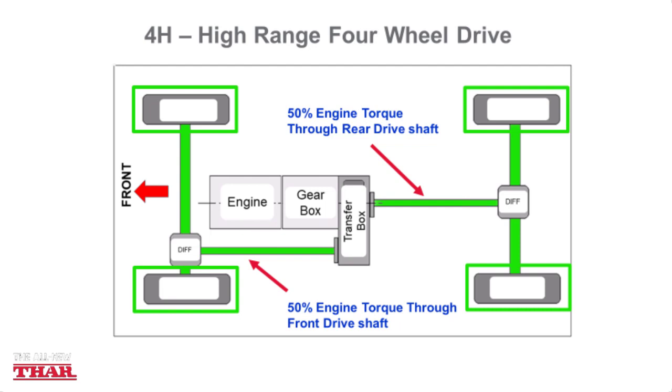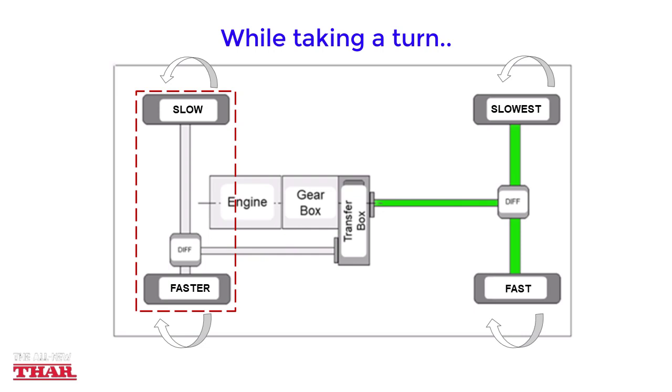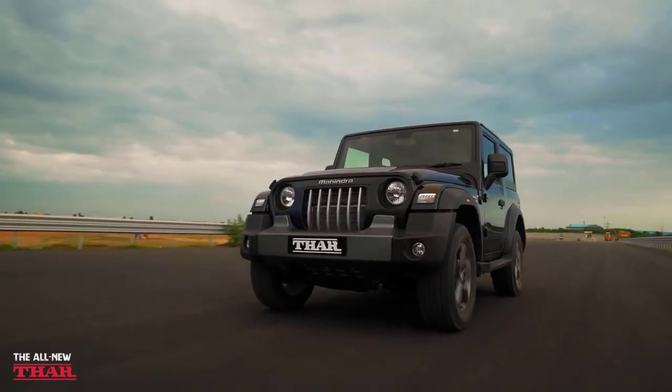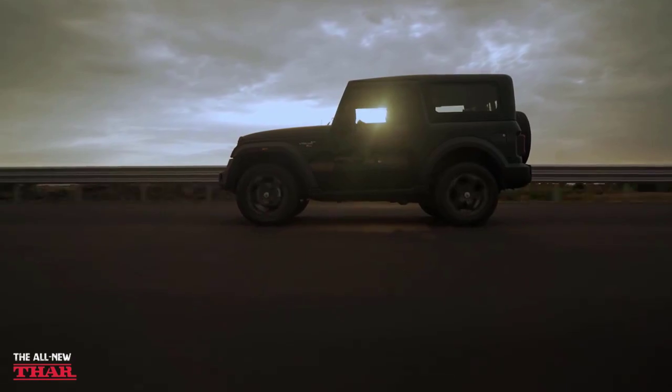However, in high traction surfaces like tar roads, this is problematic. If a vehicle is turning to the right, not only are the left outside wheels rotating faster than the inside wheels, but also the front wheels rotate at different speeds than the rear wheels. Hence, this leads to wind up in the drivetrain. This is why the Thar should only be driven in 2H on high traction surfaces like tar roads and hard surfaced roads.